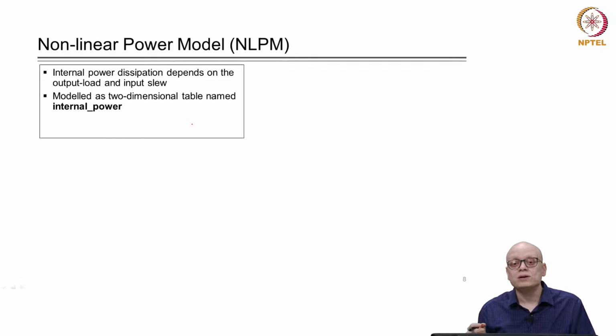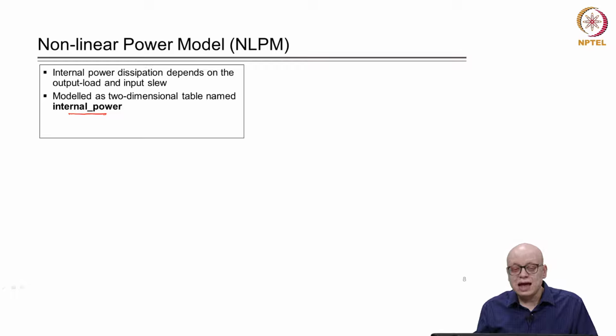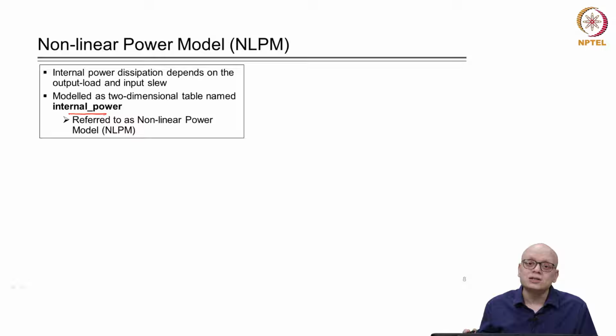In the delay also, the delay was dependent on output load and input slew. Similarly, the dynamic power dissipation inside a cell depends on the output load and the input slew. And how do we model it? We model it using an attribute which is known as internal power. We have an attribute internal power in the technology library which captures the internal power dissipated inside our cell, and this model is known as nonlinear power model or NLPM.